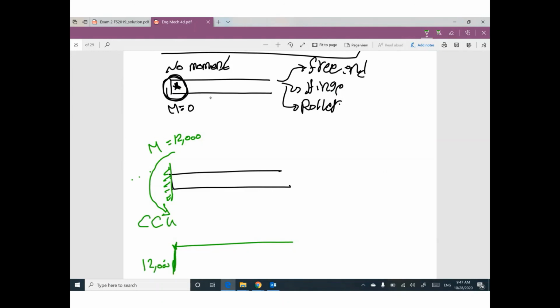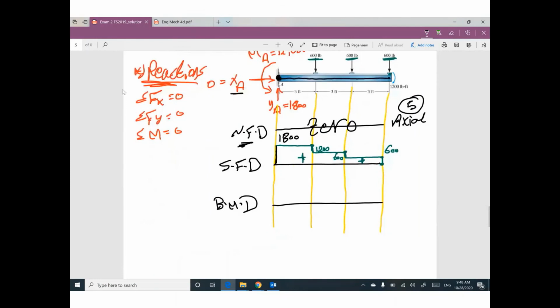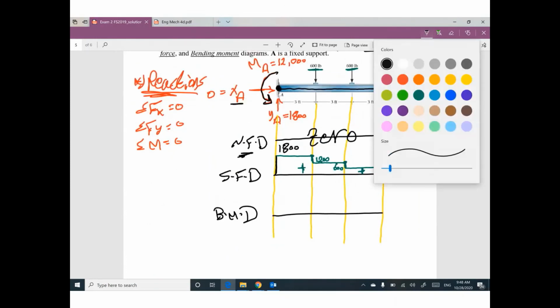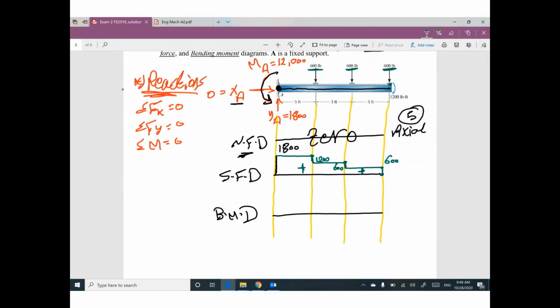Counterclockwise direction is negative, but clockwise direction is positive. This moment is counterclockwise, so we have a negative value here, negative 12,000. This is M1; we are looking for M2, M3, and M4. Let's start.